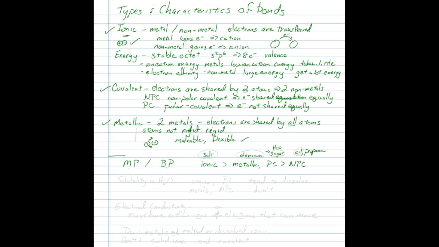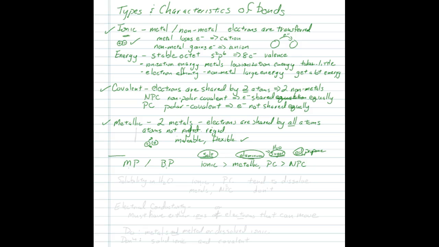So whenever you think about melting point, boiling point, think about salt and how it would react. Aluminum or mercury or some other compound. Sugar for polar covalent, and cooking oil for non-polar covalent. So these are ways of idealizing what they are doing.